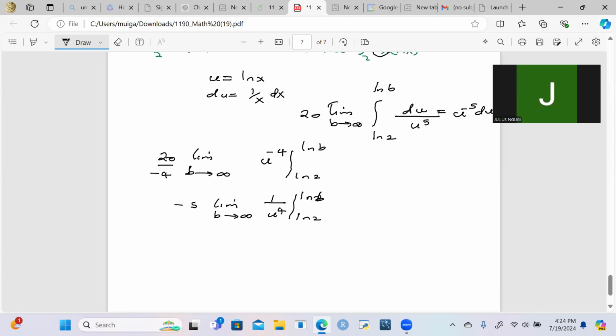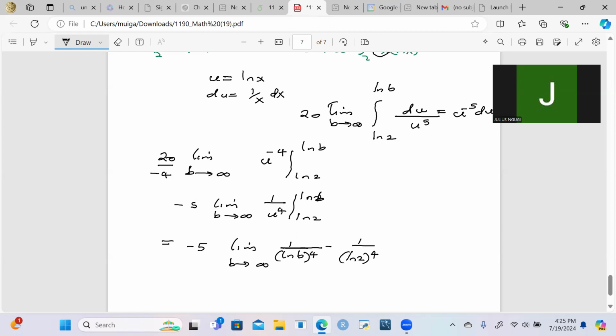So this becomes minus 5 times the limit as b approaches infinity of 1 over ln of b to the power of 4 minus 1 over ln of 2 to the power of 4.